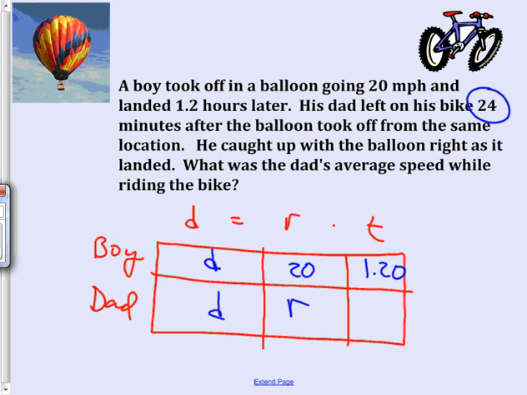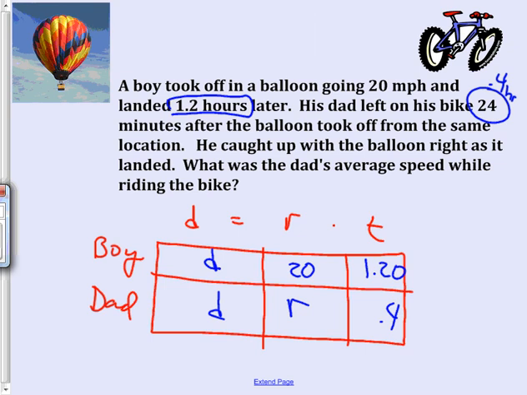So we should right away change this to 0.4 hours. That way we're using hours for one person. If we use 1.2 hours for the one person, we've got to do this other one in hours. And even putting 0.4 here would be totally wrong. Dad did not go for 0.4 hours. He waited 0.4 hours, and then he took off.